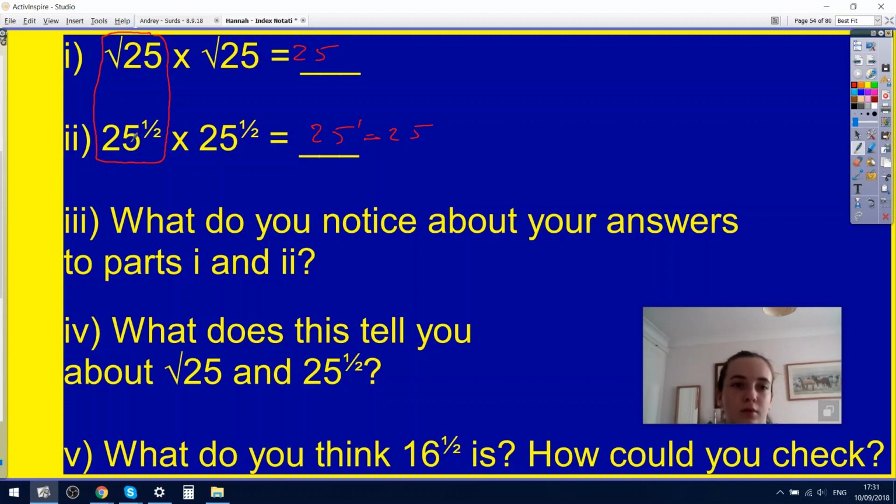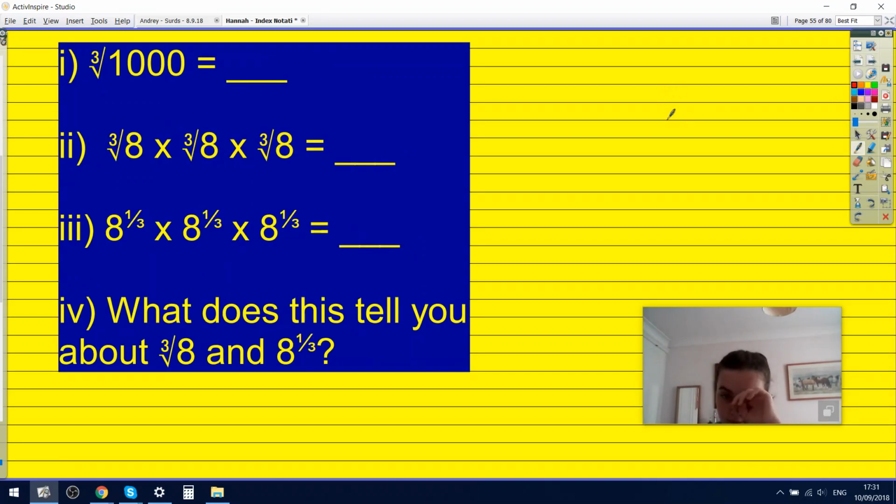And so the square root of 25 is the same as 25 to a half. The square root of anything is the same as that number to a half. How about part 5 down the bottom? Square root of 16, so 4. Well done. Square root of 16 equals 4. So to the power of a half means square root.